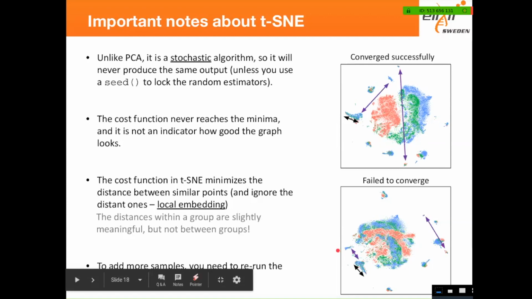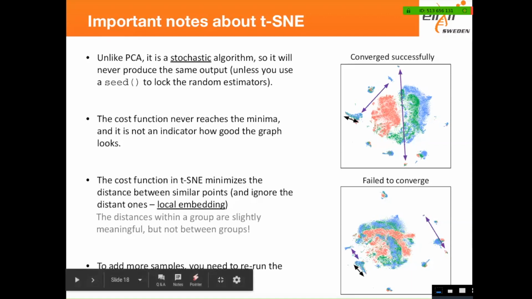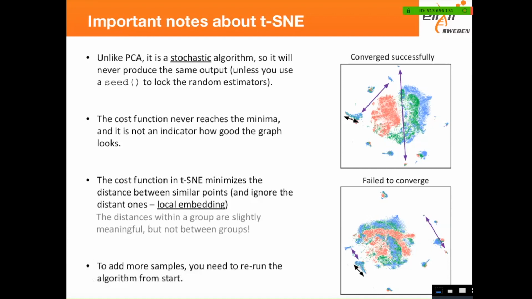And the problem with tSNE is that you cannot just add more samples. If I have a data set and another data set that I want to combine, since every run of tSNE is stochastic, I just need to combine the data and run everything again. Yes, I've seen people doing clustering using the UMAP method and following tSNE.